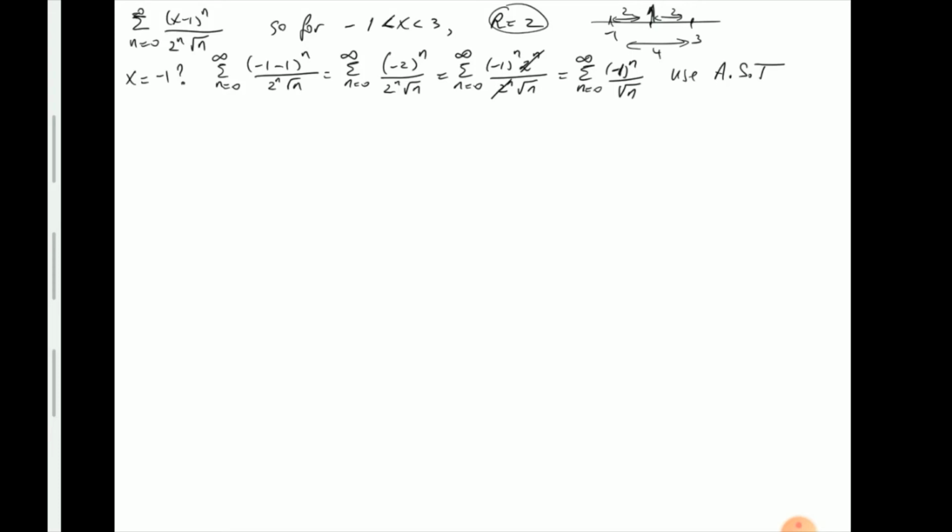So this case is very trivial to do via the AST. Just state the conditions so that the grader, myself in this case, will know that you know what you're talking about. There are two conditions to check. You take the positive portion of the term here, that means 1 over root n, and notice it is decreasing. We don't have to do much more than that. If n increases, the fraction decreases. Notice that 1 over root n goes to 0. So that means this is going to be convergent by the alternating series test. So it will converge for x equals minus 1.